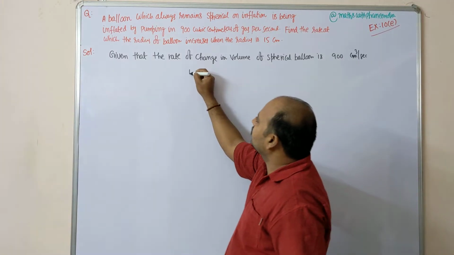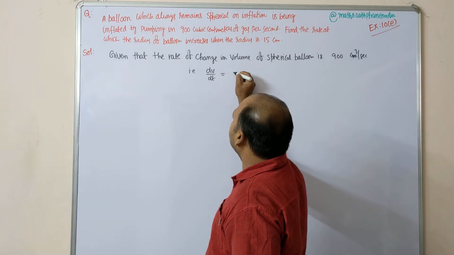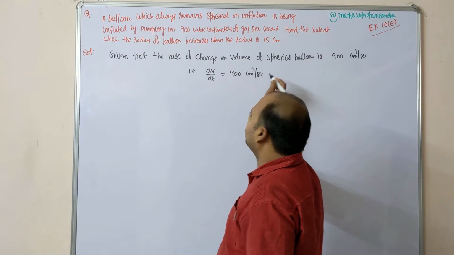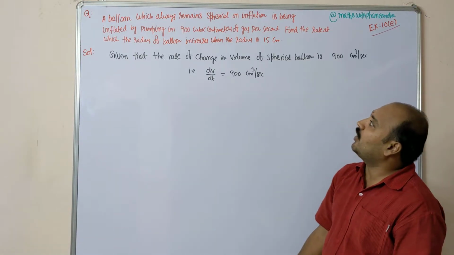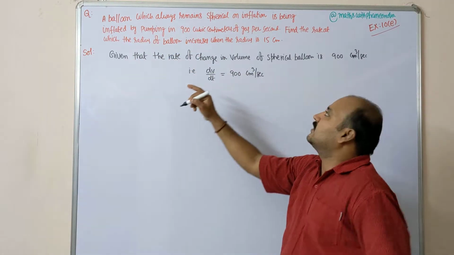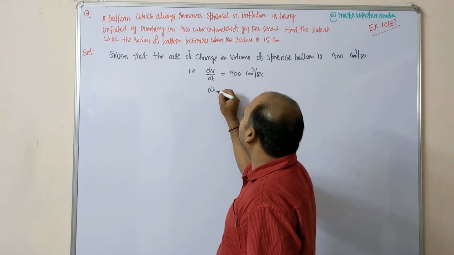That is dV by dt is equal to 900 centimeter cube per second. They are asking to find how fast the radius of the balloon increases when the radius is 15 centimeters. So dr by dt is the question mark.